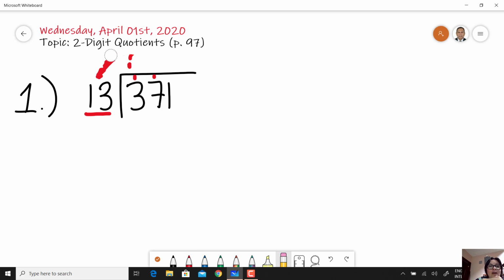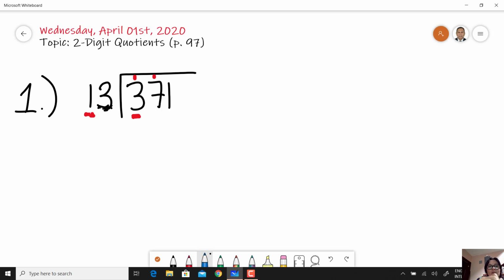Okay, so let's use our trick. Our trick says that we are going to use only 1 because you know the timetable of 1. So we are going to use number 1 from here and here 3. Can you divide 3 by 1?